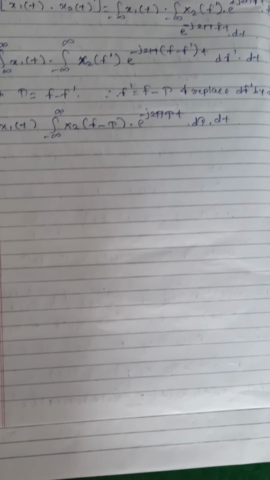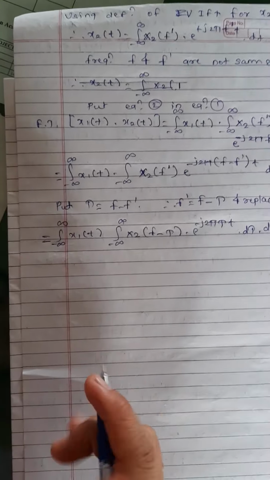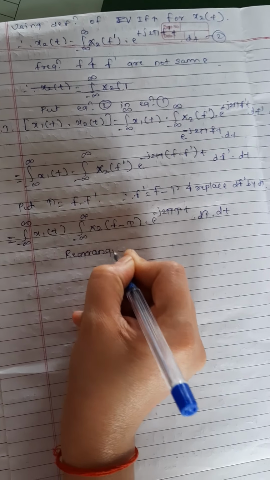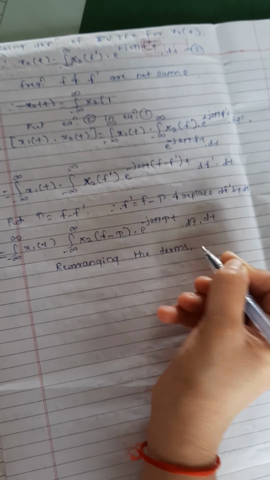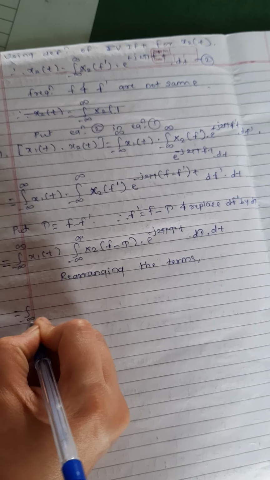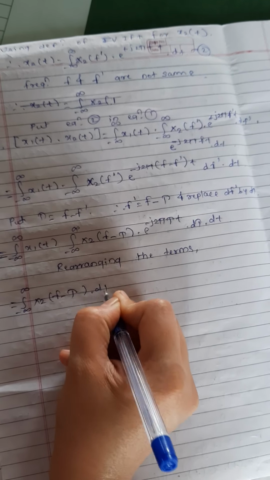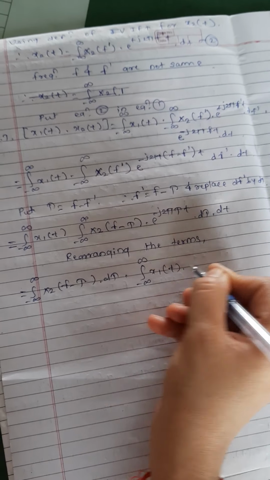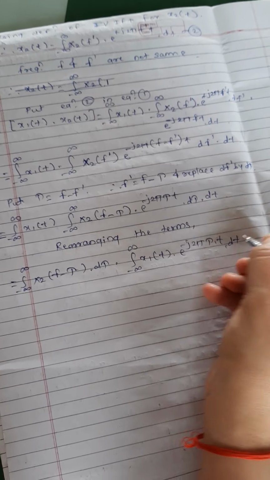Now we rearrange these terms. So we can write it is integral from minus infinity to infinity X2(f minus tau) d tau into integral from minus infinity to infinity x1(t) e raised to minus j2 pi ft dt. This is equation number 3.